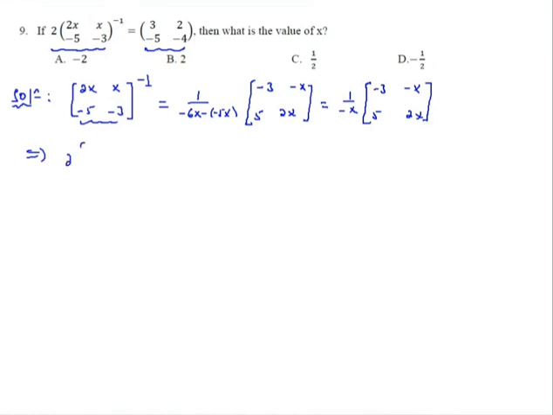So ከዚህ ምን እናገኛለን ማለት ነው? 2 times 2x x minus 5 minus 3, ምን ይሆናል ማለት ነው? ይሄንንም በሁለት እናበዛዋለን ማለት ነው. It becomes minus 2 over x times minus 3 minus x 5 2x ይሆናል ማለት ነው.